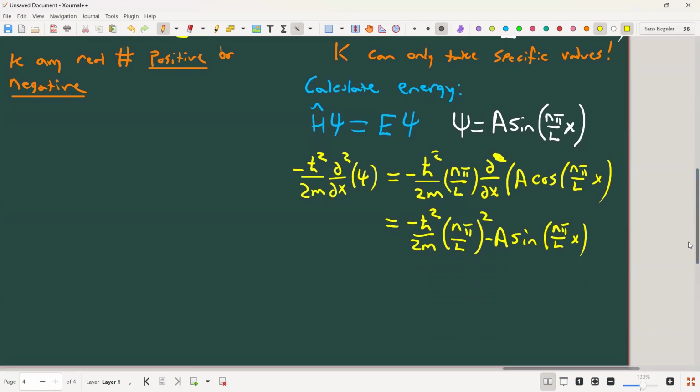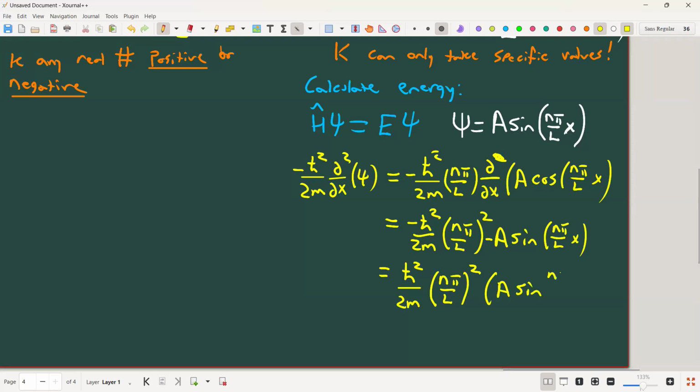Okay, so let's just clean this up. So the minus signs cancel out. We have h bar squared over 2m times n pi over L squared times A sine n pi over L x, which is our wave function, right? And that's just psi, right?